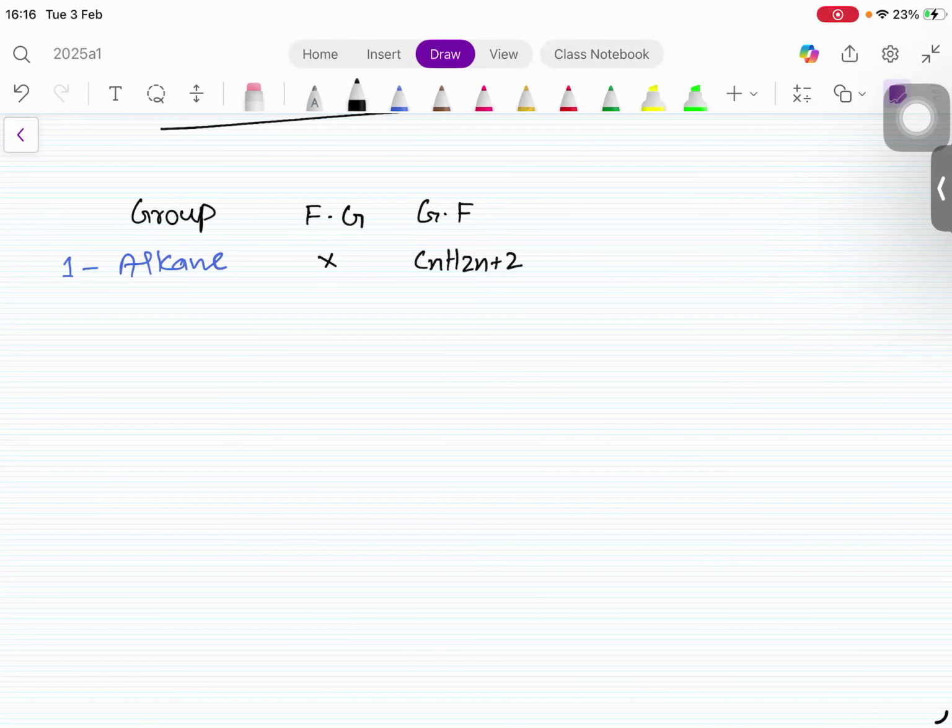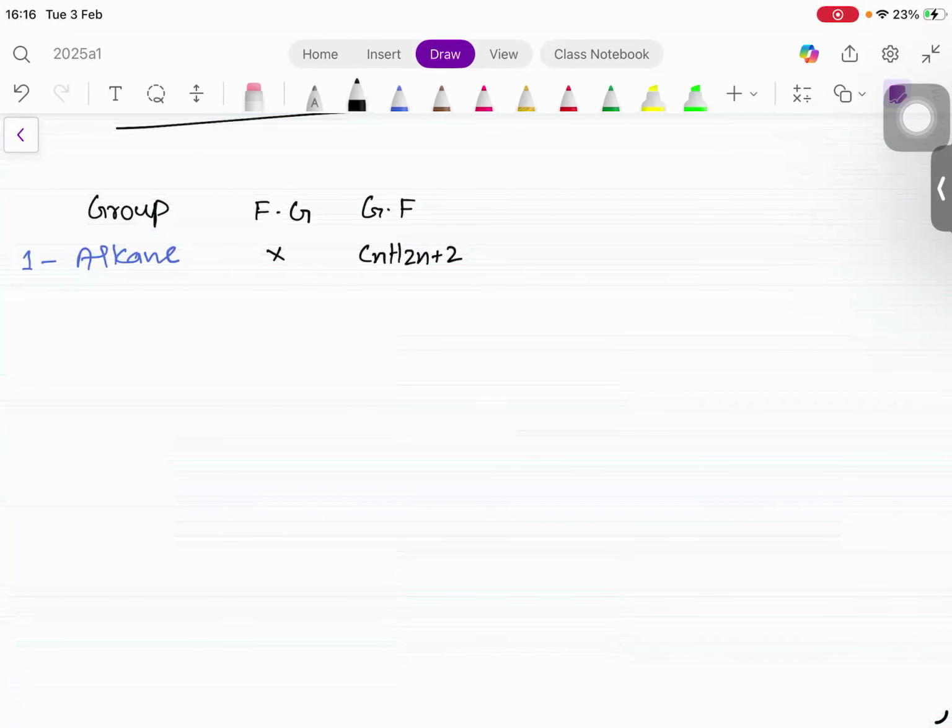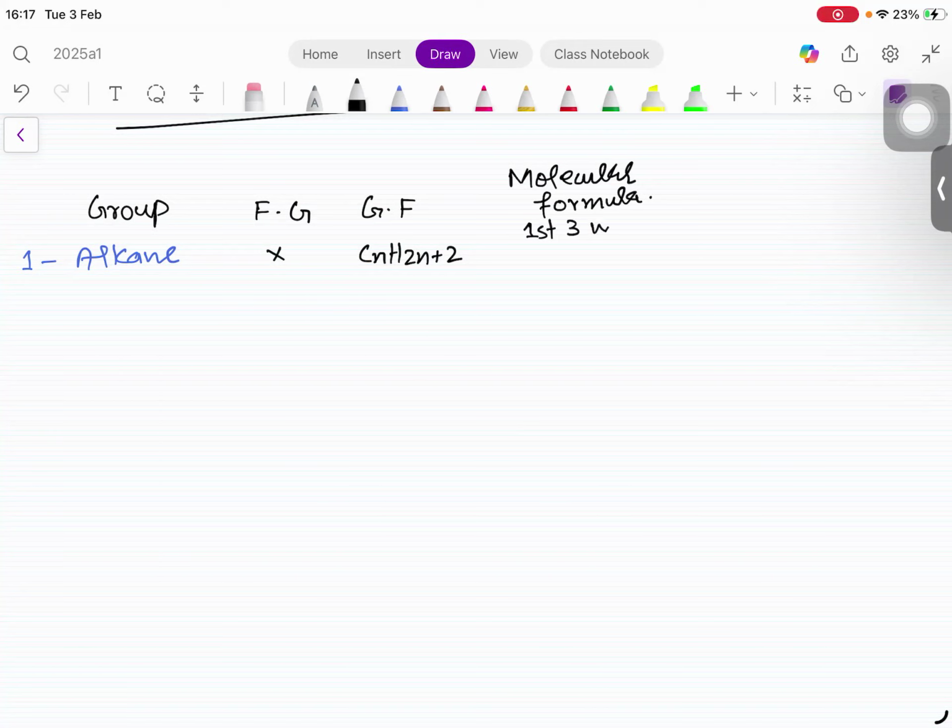CnH2n plus 2. And then next you have to write the molecular formula, first 3 members, any first 3 members of the group. For alkanes, the first member is what? CH4, the molecular formula.